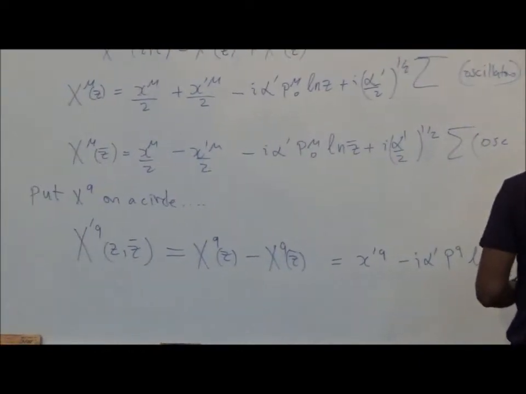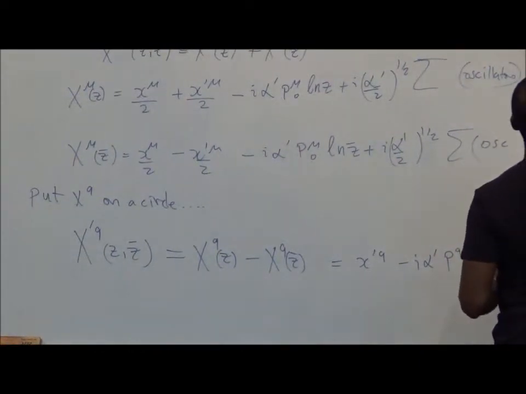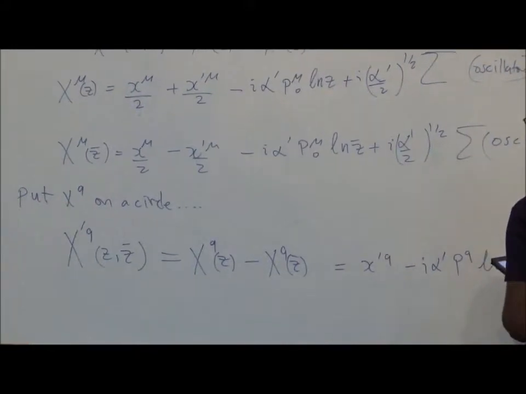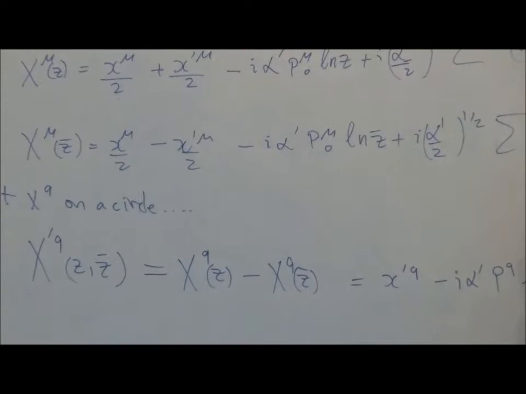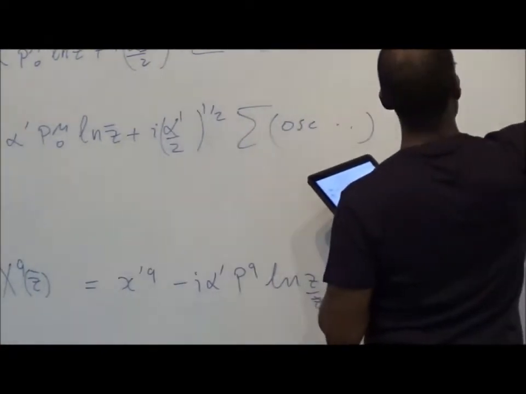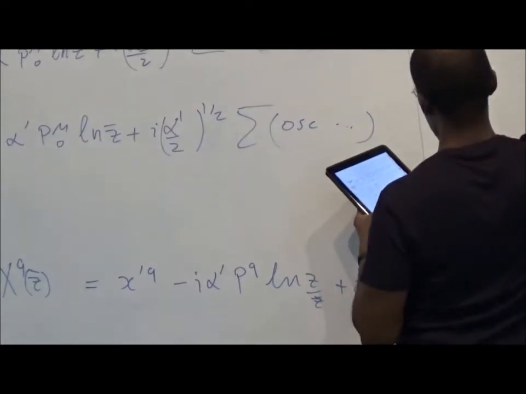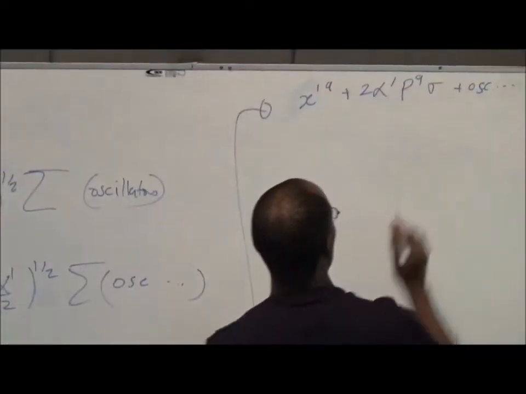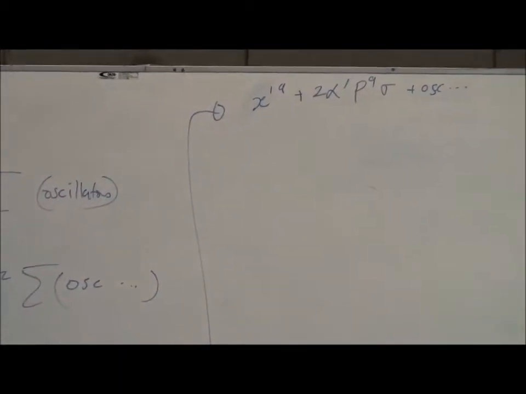So I have x9, sorry, this is little x9 primed, plus, I'm going to write this out in two ways, 2 alpha primed p9 sigma plus oscillators. Okay, that's the log of the ratio.